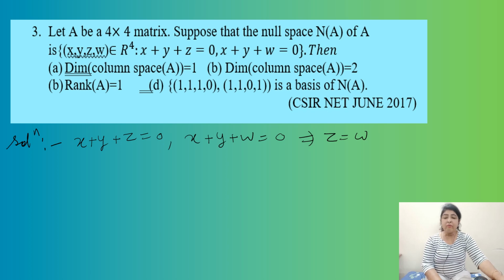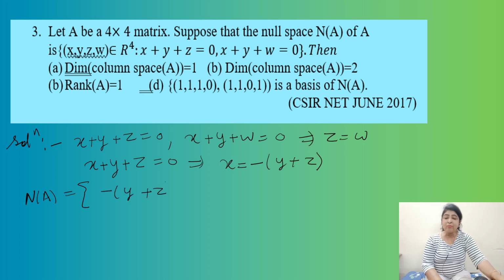Again we can find the value of x from this expression: x is equal to minus y minus z. Clear? Now what is the null space? The null space N(A) is given by (x, y, z, w), so x is minus y minus z, then this is x is this, y is y, z is z, w is again z.